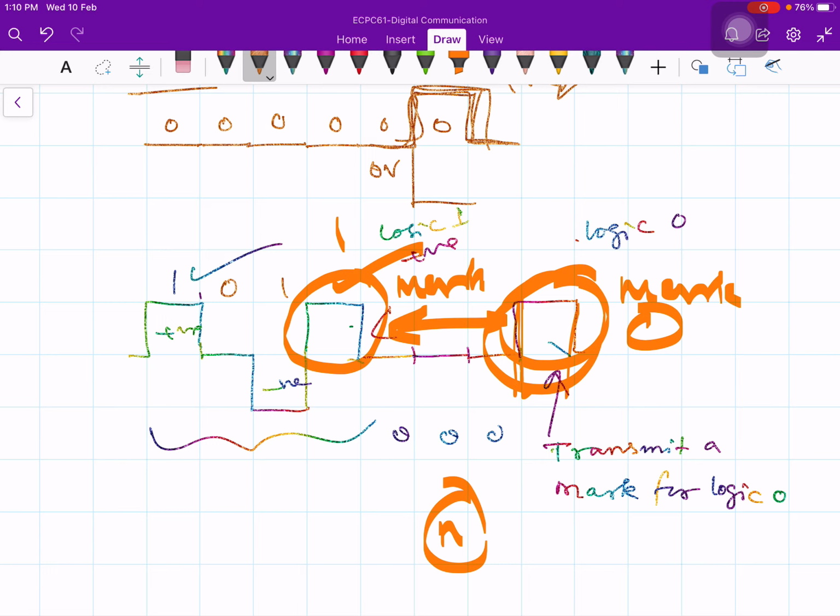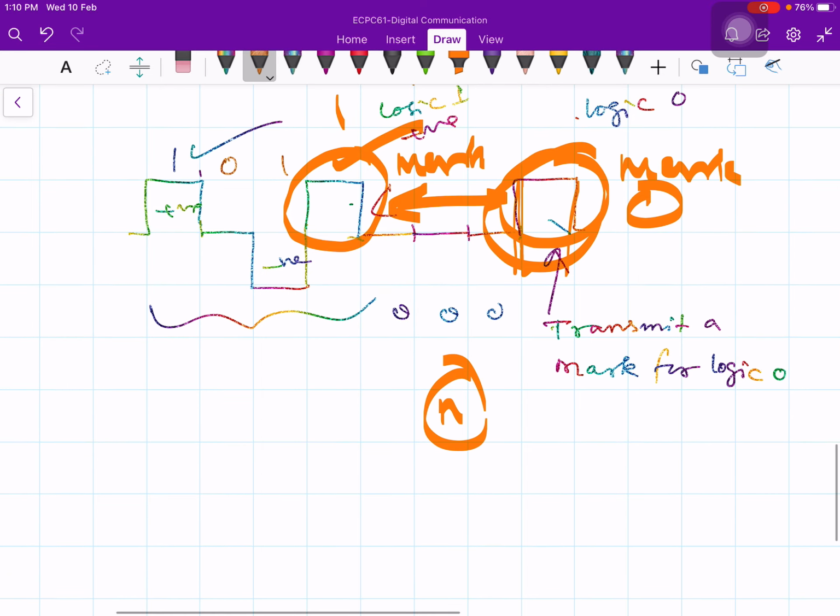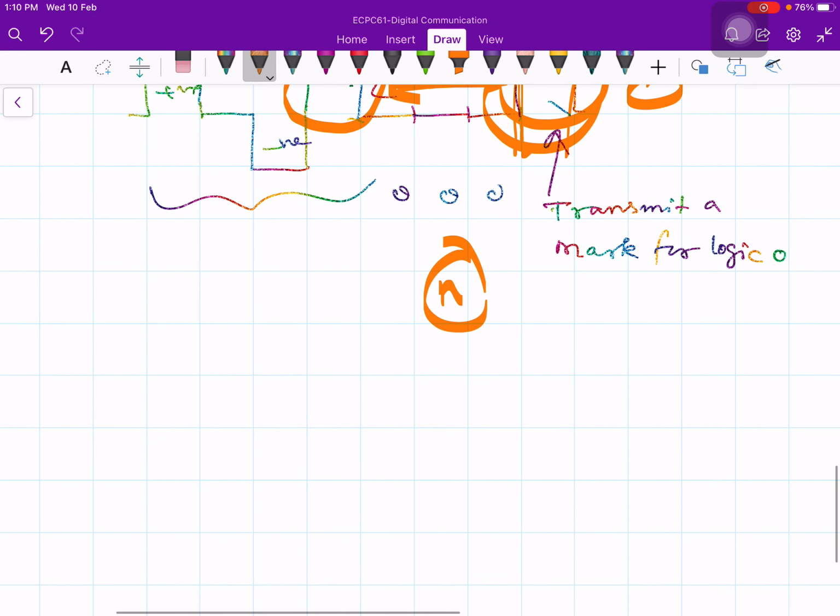And of course you require a certain amount of delay here at the encoder. Why? Because we need to wait to decide. You have to see the 3 zeros, and only then we will do that. So coding delay is implicit in HDBN. So we will consider n equal to 3, that is the most popular one.